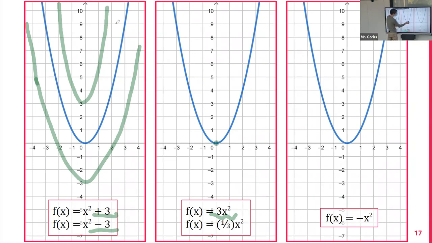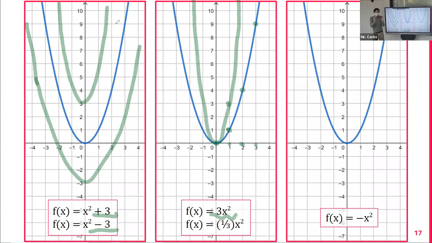So 1 squared is 1, 2 squared is 4, 3 squared is 9. So we're taking that result and multiplying it by 3. So 1 squared is 1 times 3. 2 squared is 4 times 3 is 12. That's already off our graph. So this is what we are getting here.